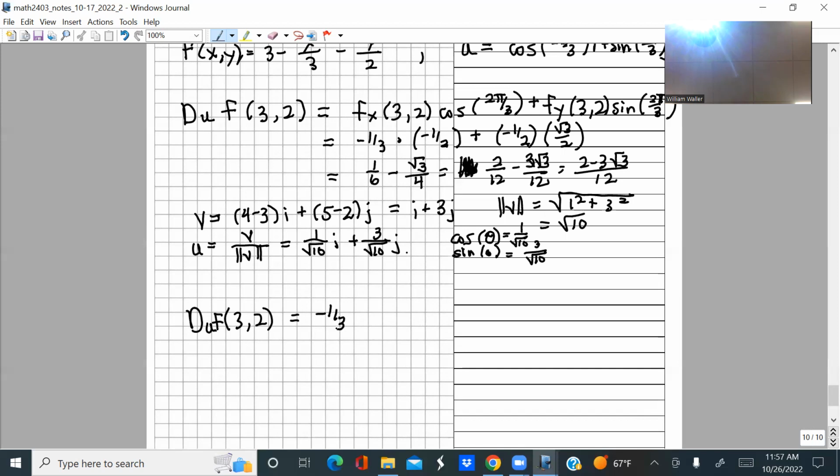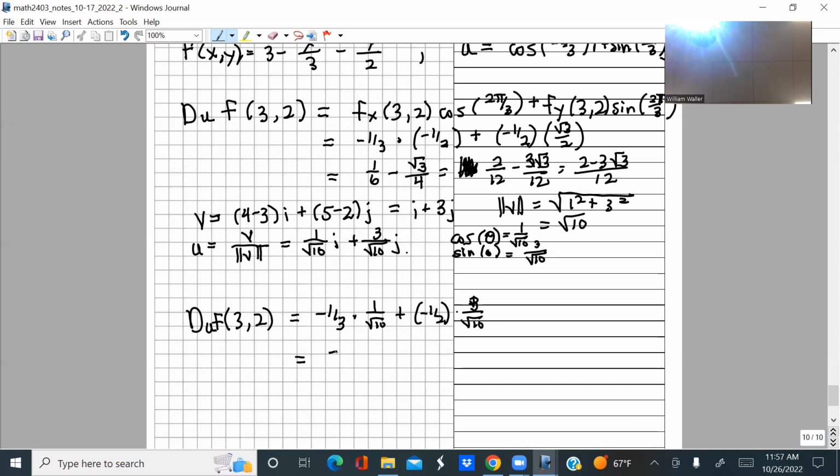So that's minus 1/3 times the cosine of your direction, but we know that is 1 over square root of 10. And then this partial derivative with respect to y, which was minus 1/2, times the sine of the direction, which is 3 over square root of 10.